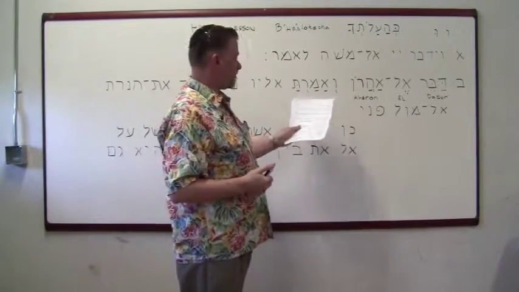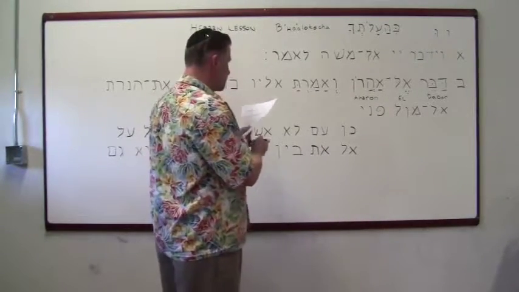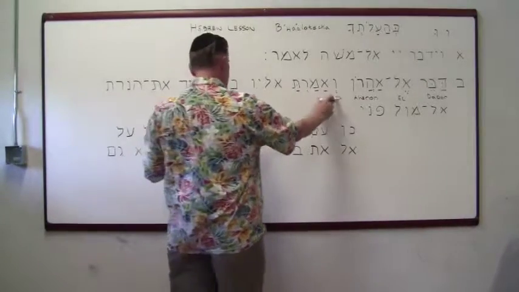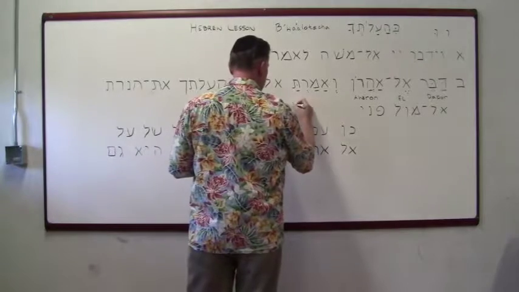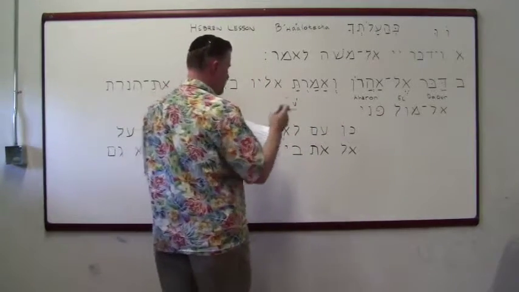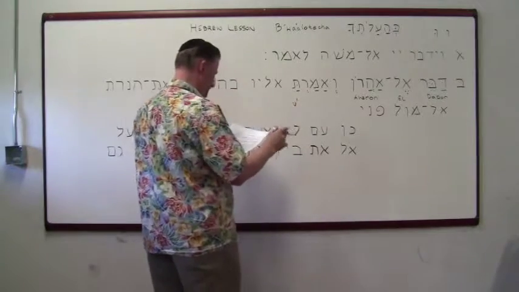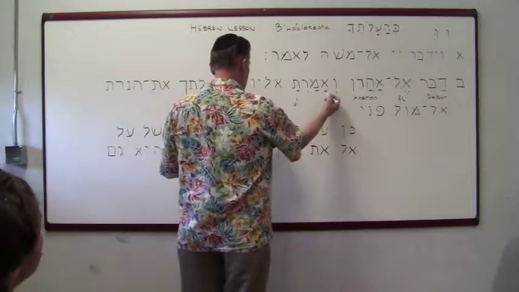What do we have here? What's this? Ben. Ben. And it means... And. Yeah. What's this?